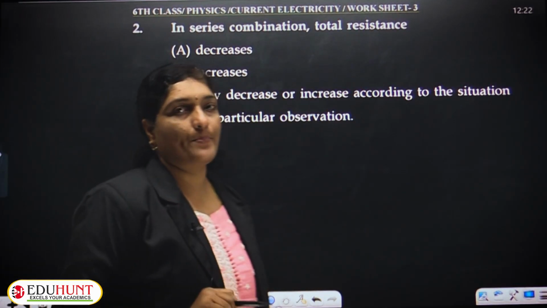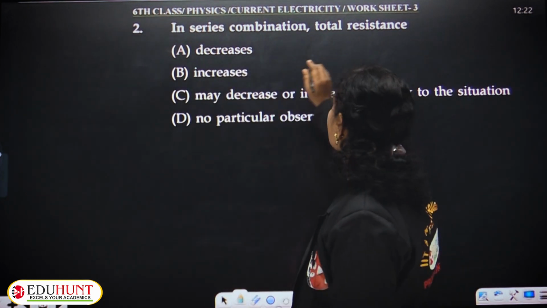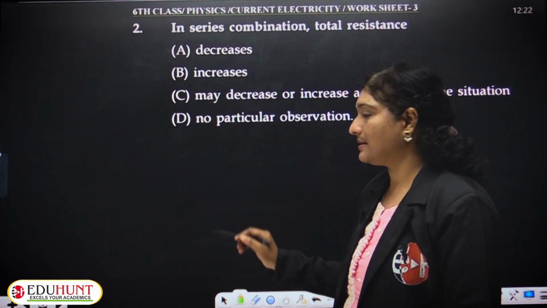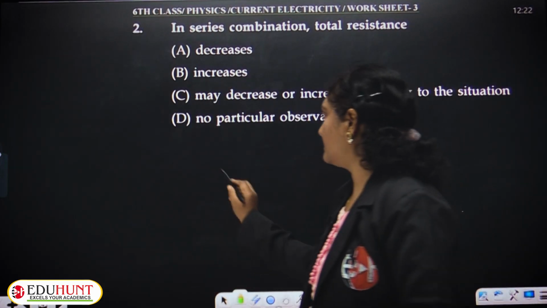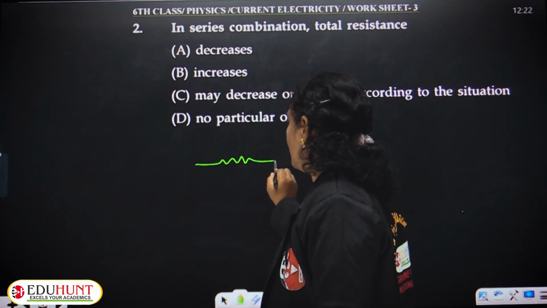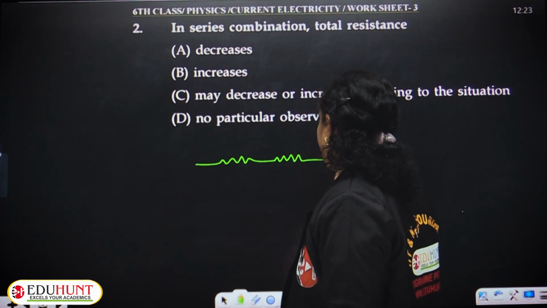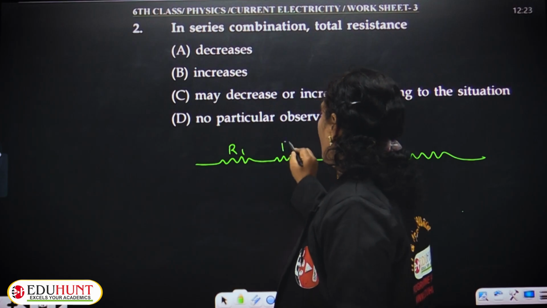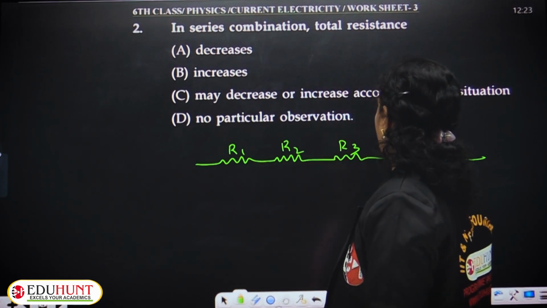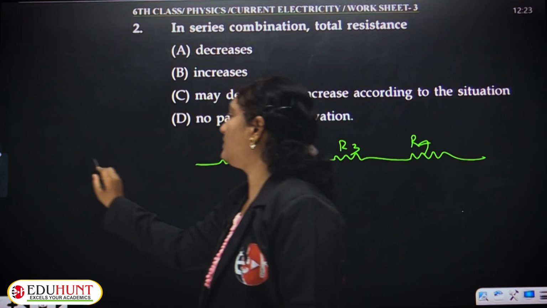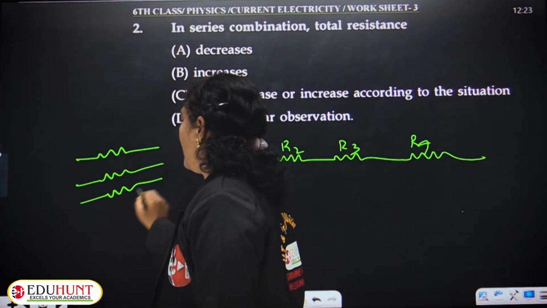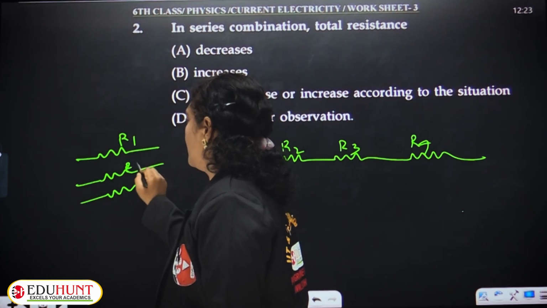Moving to the next question, second one. In series combination, what happens to the total resistance? A series combination is indicated like this with the resistor symbol. Let these be R1, R2, R3, R4. Individually, we have only R1, only R2, only R3 and so on.